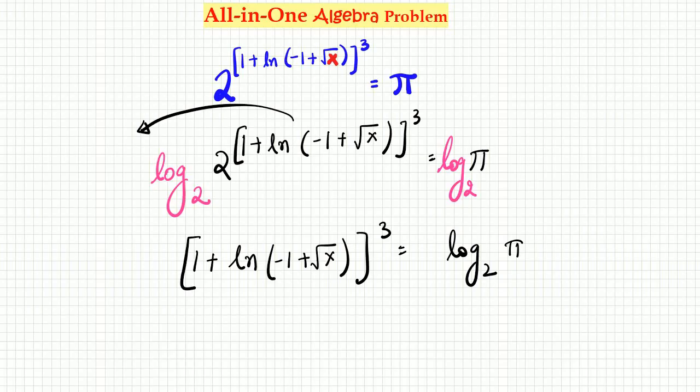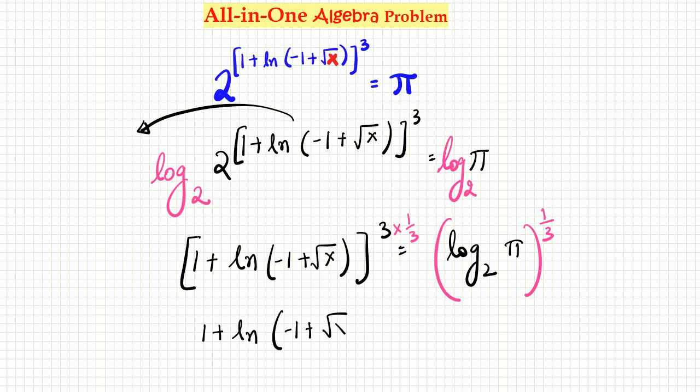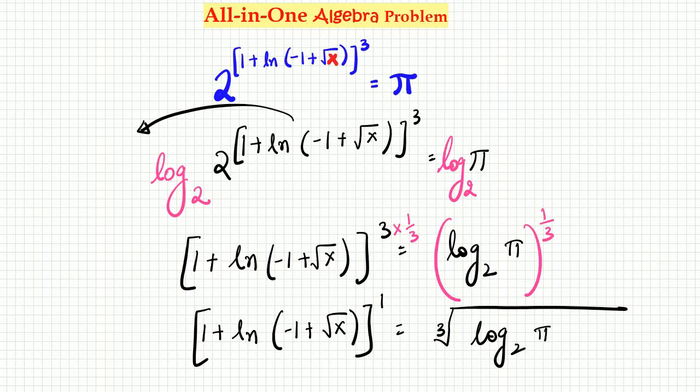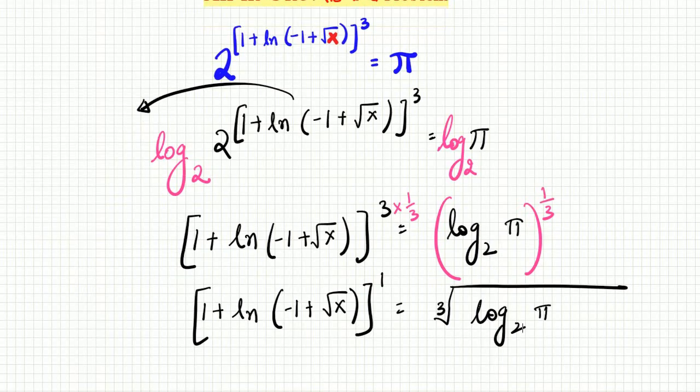Now this has a whole cube, so I need to take the 1 by 3 power of this whole thing. So it's 1 plus natural log of (minus 1 plus square root x) equals the cube root of log 2 pi.